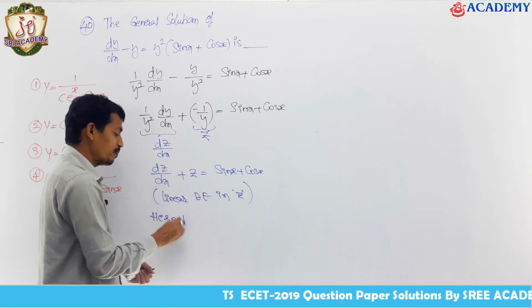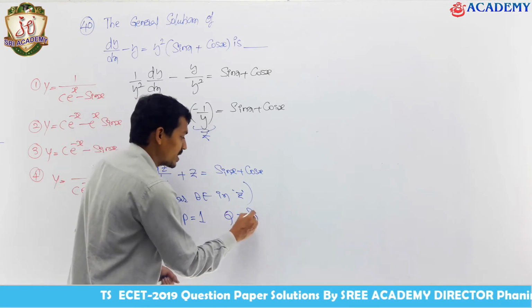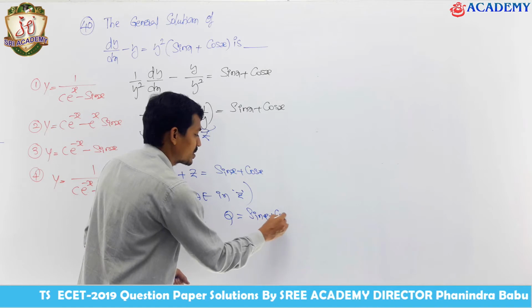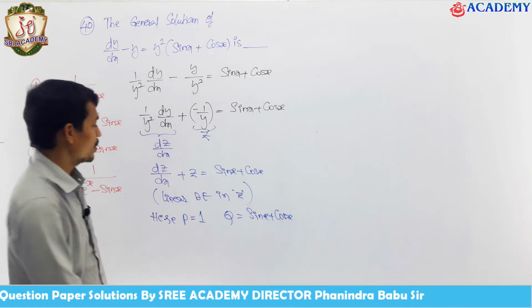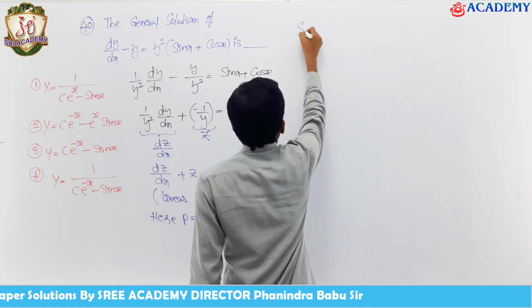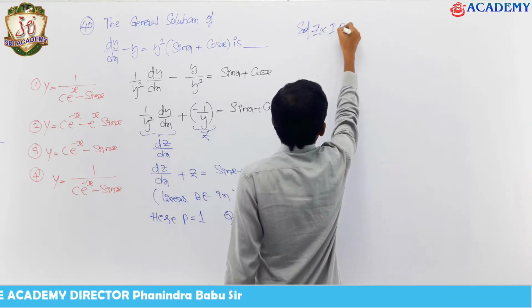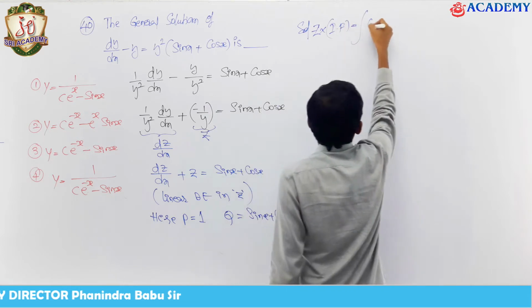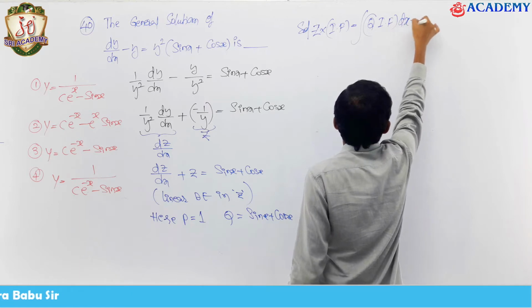Here p equals 1, q equals sin x plus cos x. Now based upon that we write the solution for z: z into integrating factor equal to integral of q into integrating factor dx plus c.